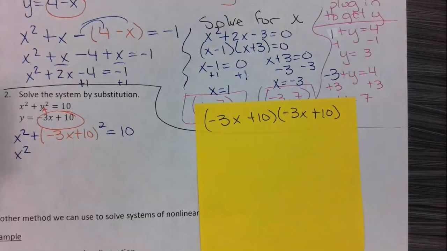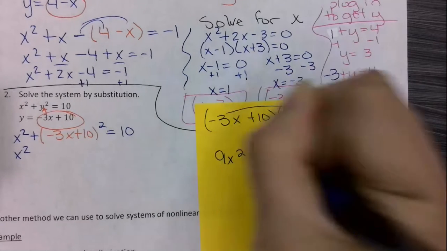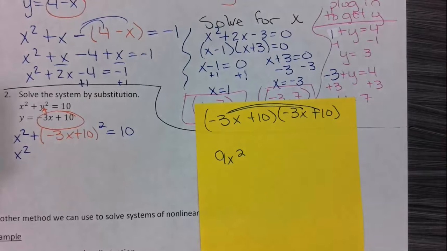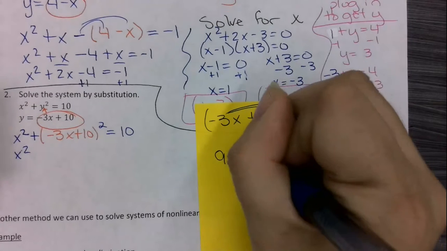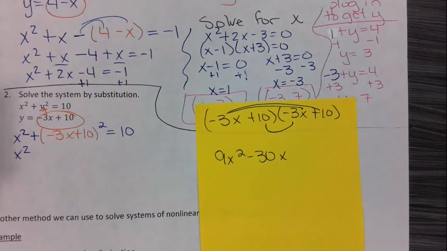Okay. So I'd want to FOIL. So I have negative 3x times negative 3x, 9x squared. I have negative 3x times 10, negative 30x. And then I have 10 times negative 3x, negative 30x.